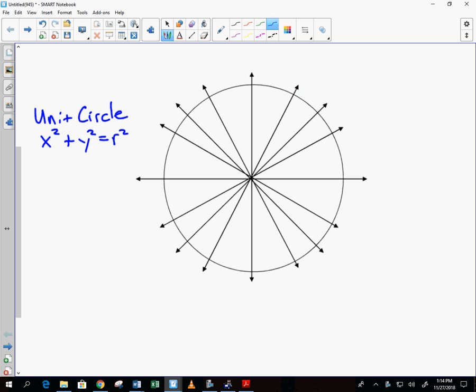The reason why it's called the unit circle is the radius is 1. And if the radius is 1, it becomes x squared plus y squared is equal to 1.